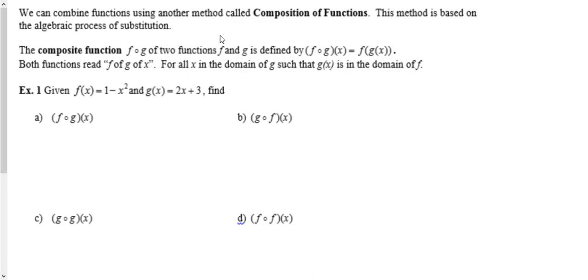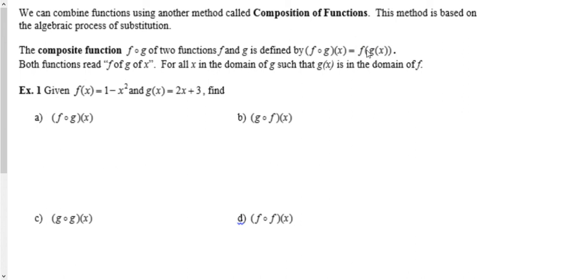So the note here, we can combine functions using another method called composition of functions. This is an algebraic process. The composite function is f of g. There's always a little circle there, not a dot, it is a circle between two functions. And it's defined by f of g of x. Or you could write it in this variation here.